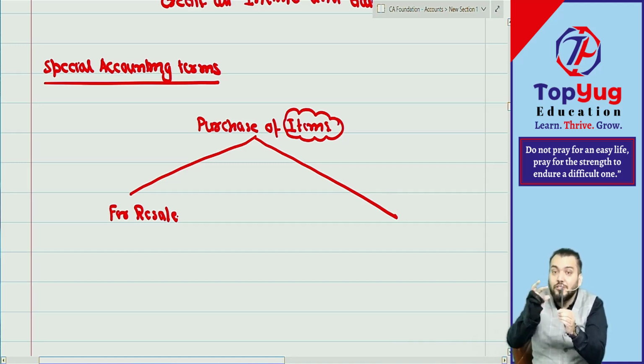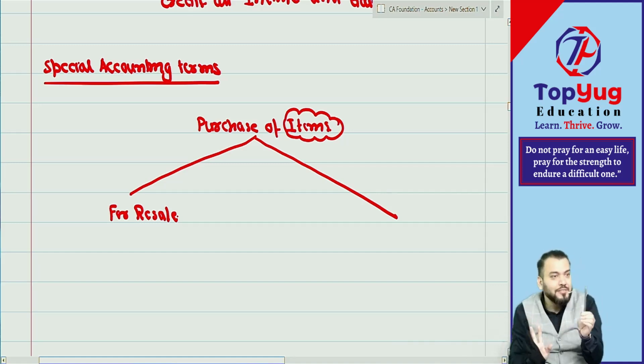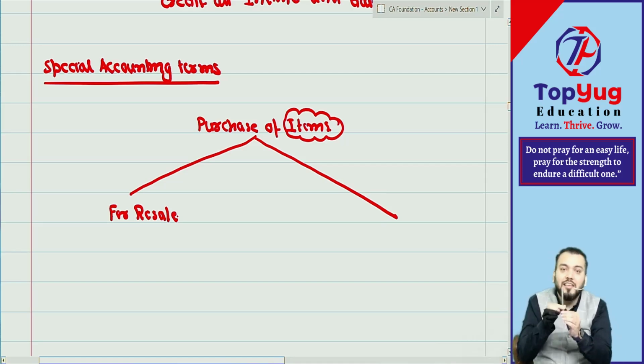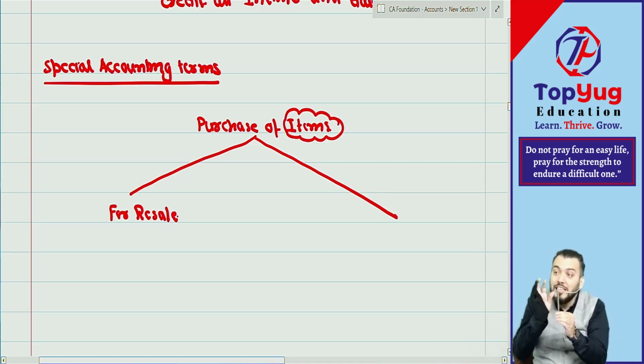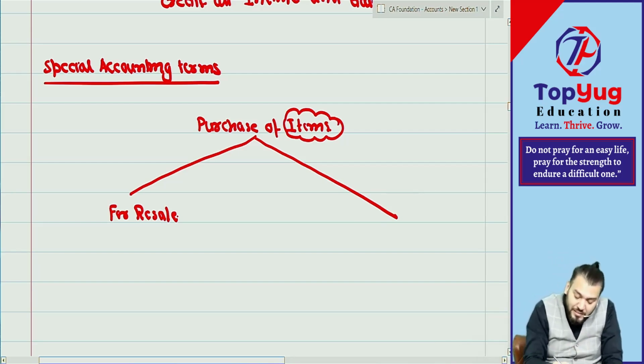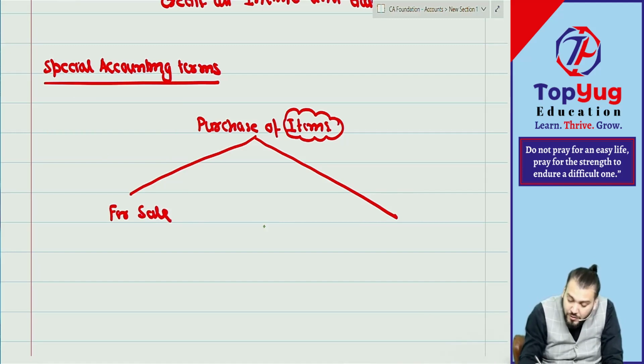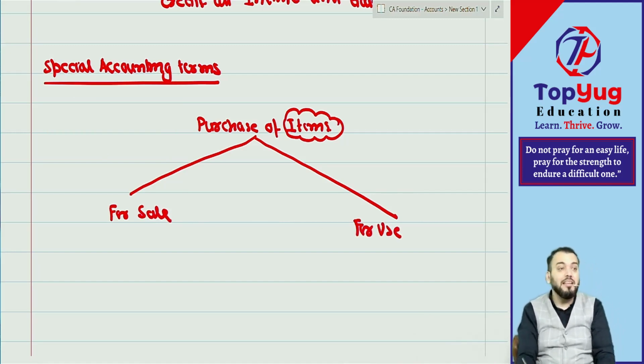There is no third category. Either I will use it in my business or I will sell it for my business. You need to find out the intention of purchase, for sale or for use. So first you need to find out what the intention of purchase is.